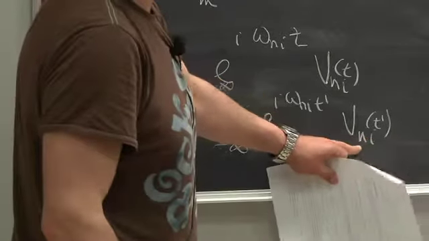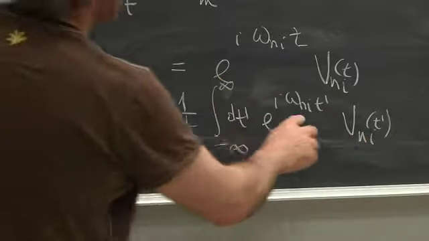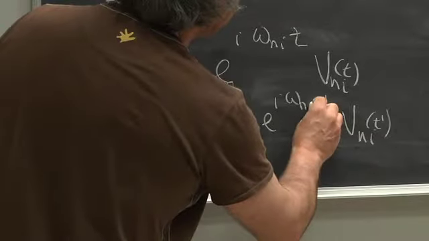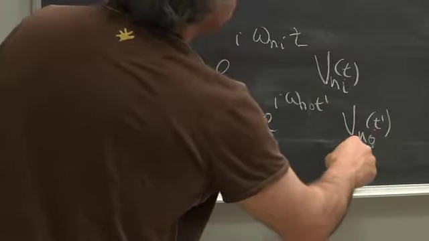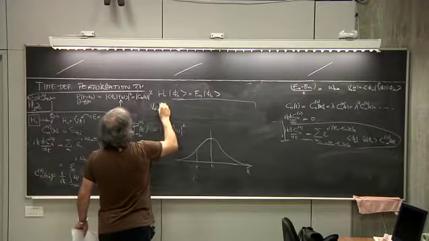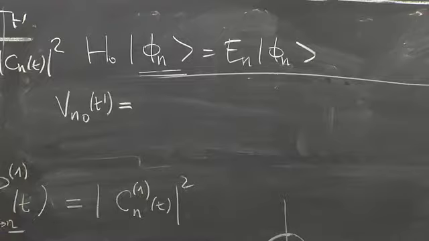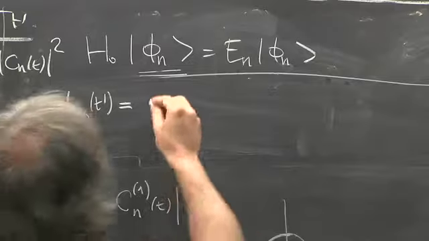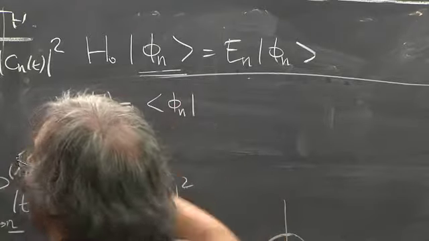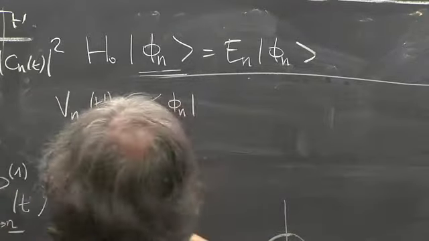What is this? This is the matrix element. Well, I need the initial state is 0, the ground state. So what I need to calculate is right here: V n0 of t prime, which is this object calculated between the state phi n and the state phi 0, the initial one.